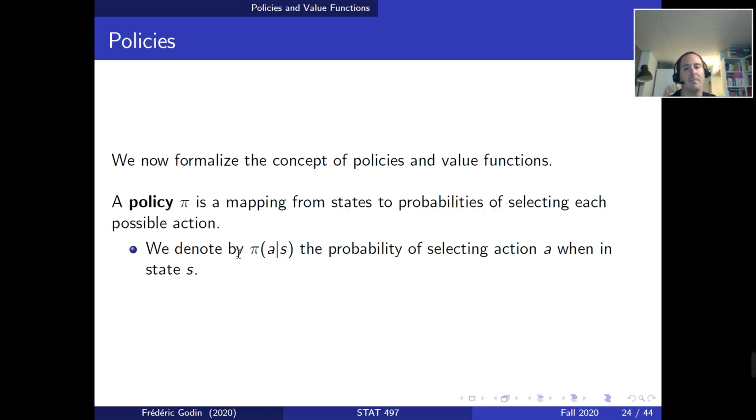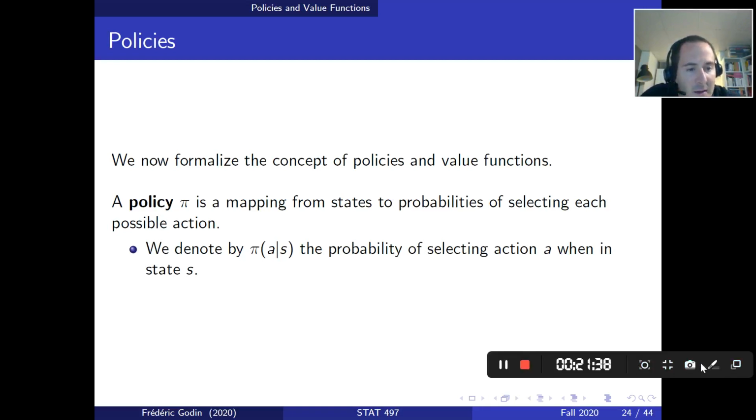Here pi is a function, but we denote pi as the probability of selecting A when in state S. So let's say you're in a state S of nature. Let's say you have 50% probability of taking action 1, 50% probability of taking action 2. Then you would have the following.